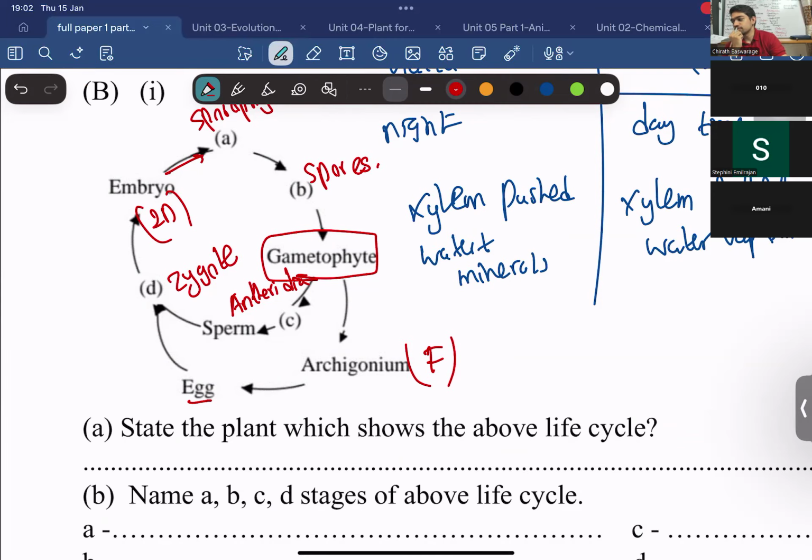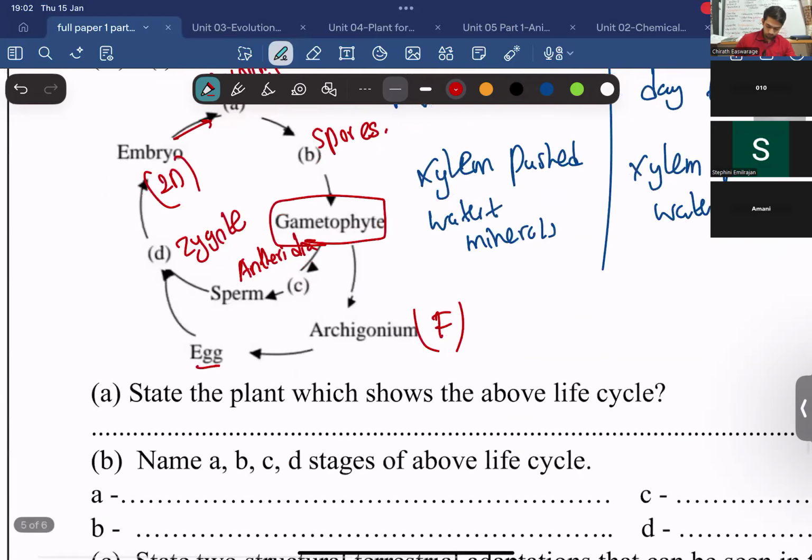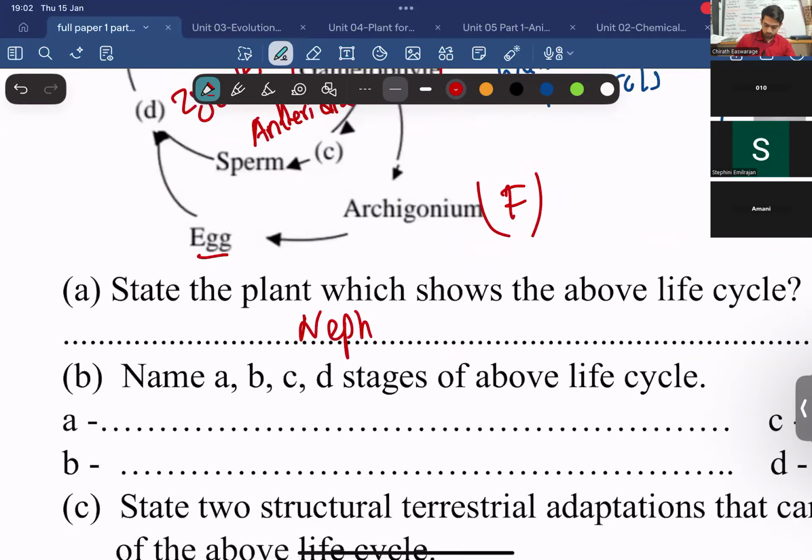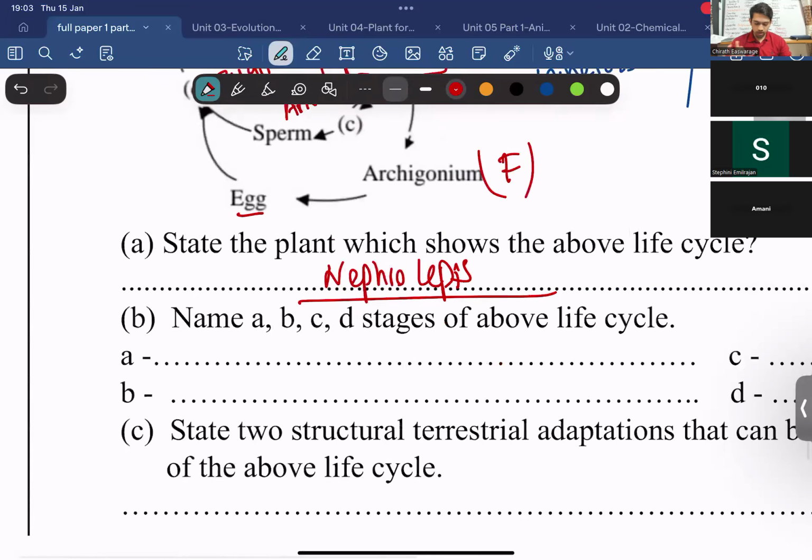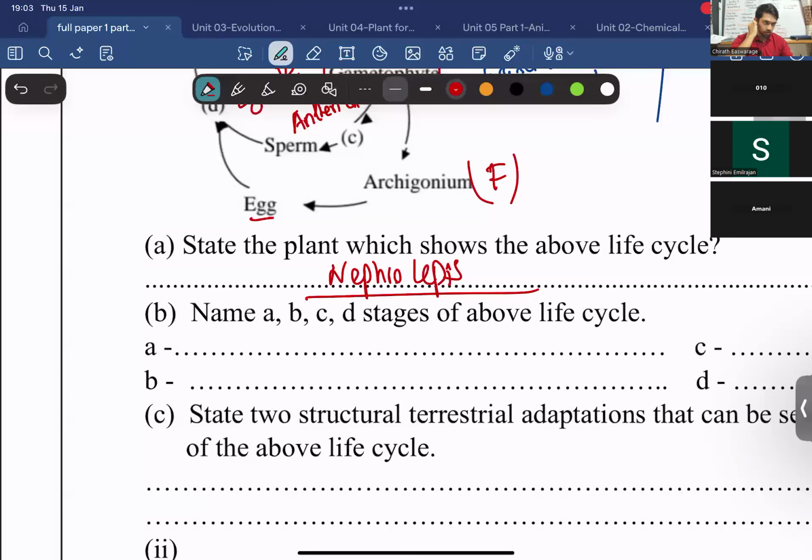It's Nephrolepis. Or you can say phylum Pterophyta, but they are asking for the plant, no? So I would prefer if you wrote Nephrolepis. Okay, so go through the Nephrolepis life cycle and see for yourself the bisexual gametophyte.